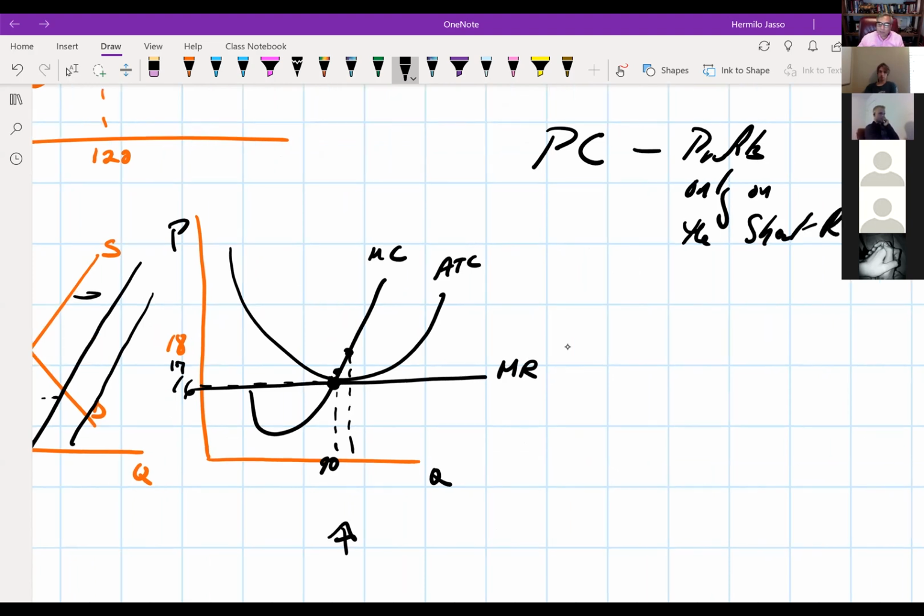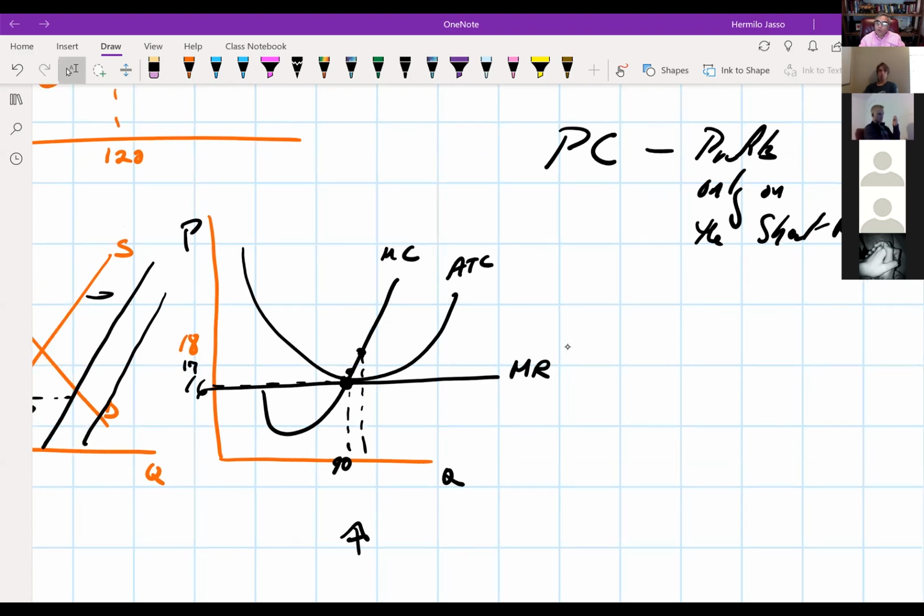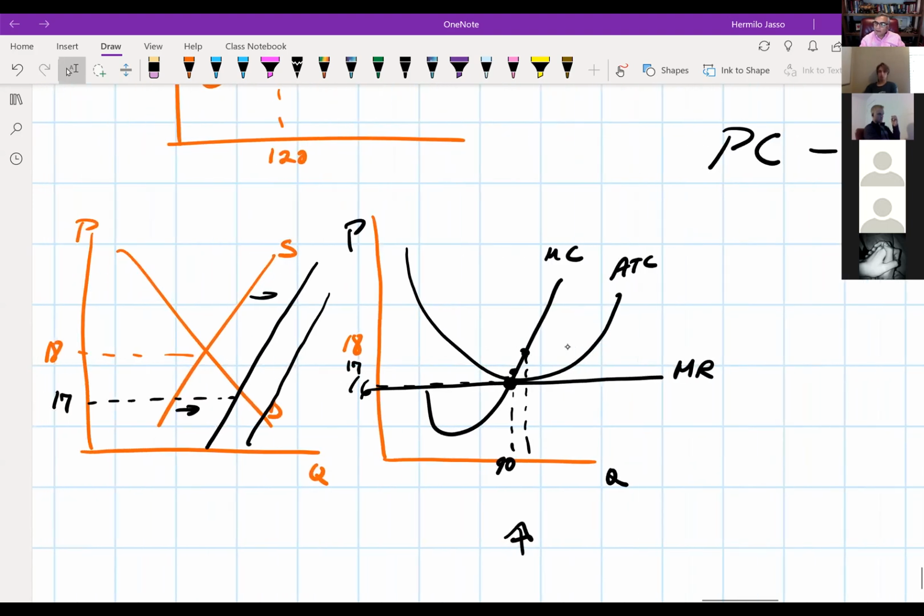See, perfect competitive companies can only make profits on the short run, because once they start making profits, profits act like a beacon and new players will come into the industry. So in the long run, they only break even, or they make a normal profit.